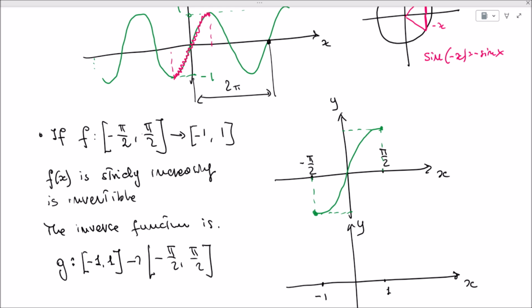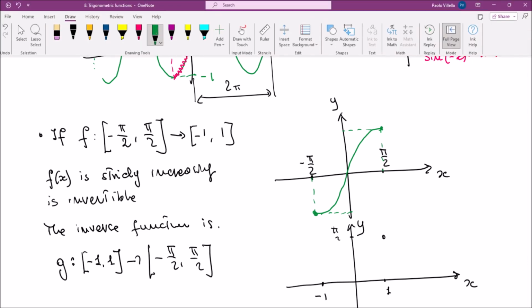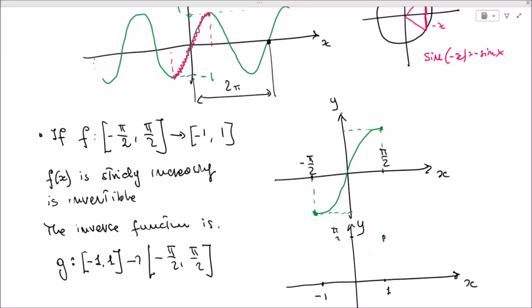The graph of the inverse function will be just this. We can think of obtaining this graph by just reverting the x and y axis from the previous graph.